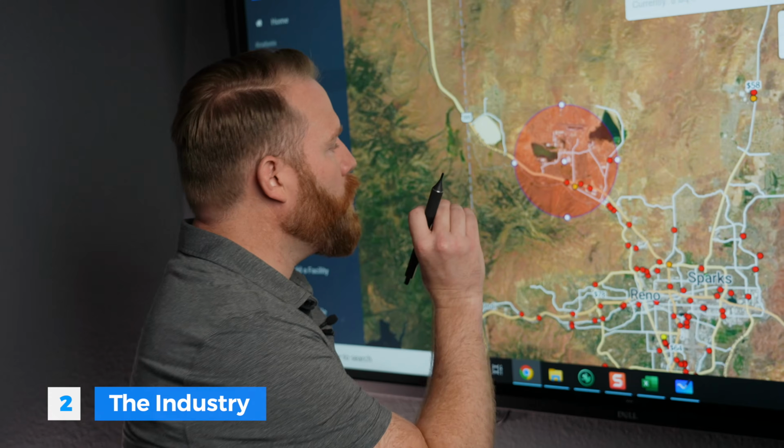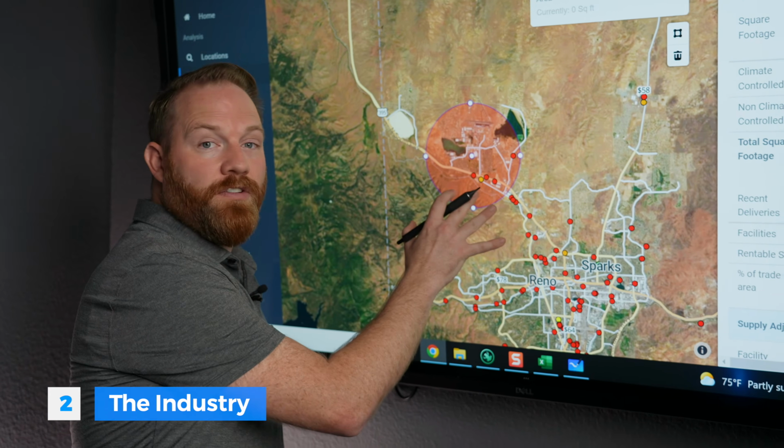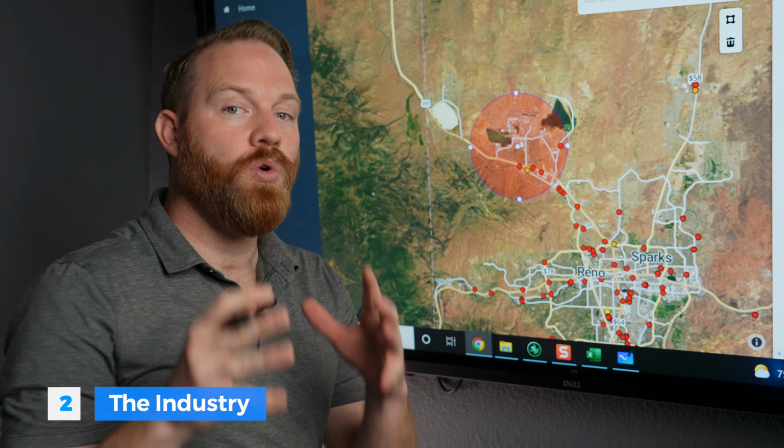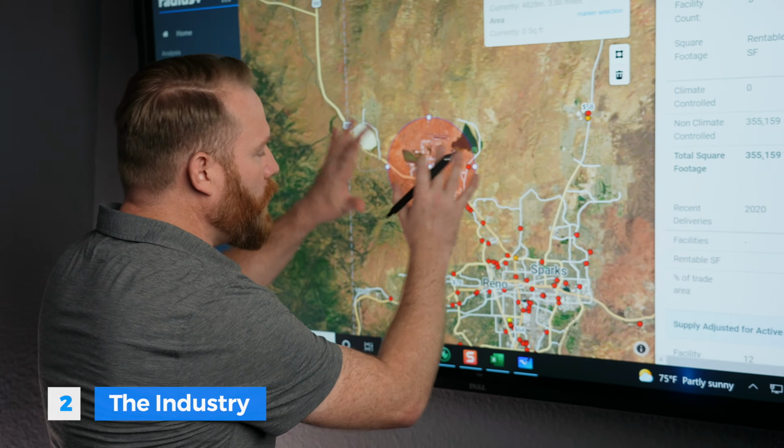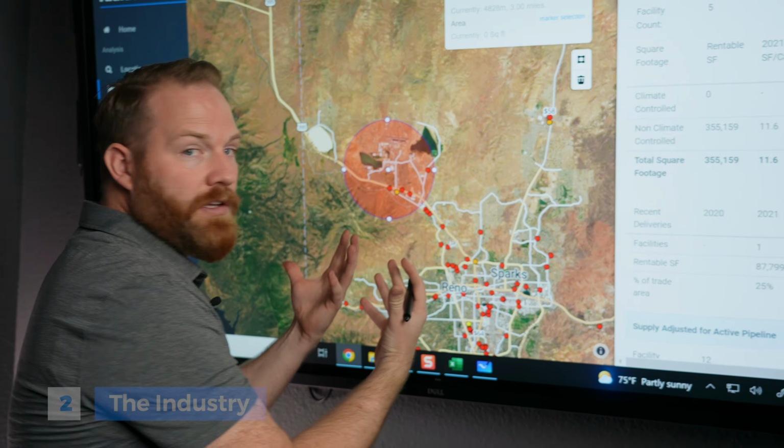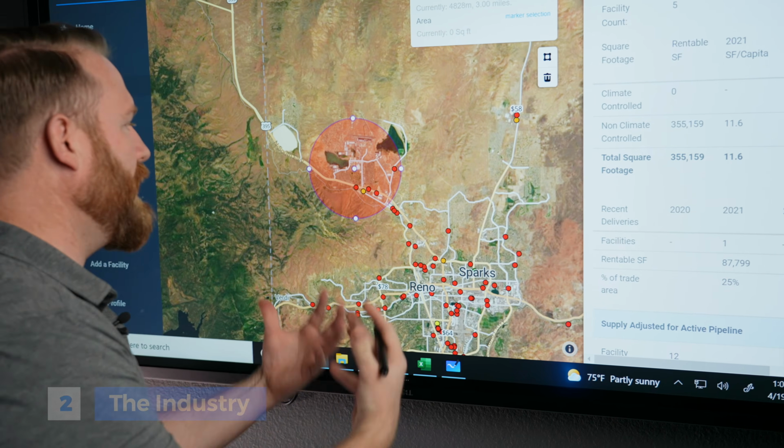The second thing that you have to analyze is the industry, or the actual storage facilities, competitors, and operators within that market. To understand the industry, we want to look at first what's existing, where it's at, and who they are. So when we're in our market, we've already seen that we like the population growth, we like the income.